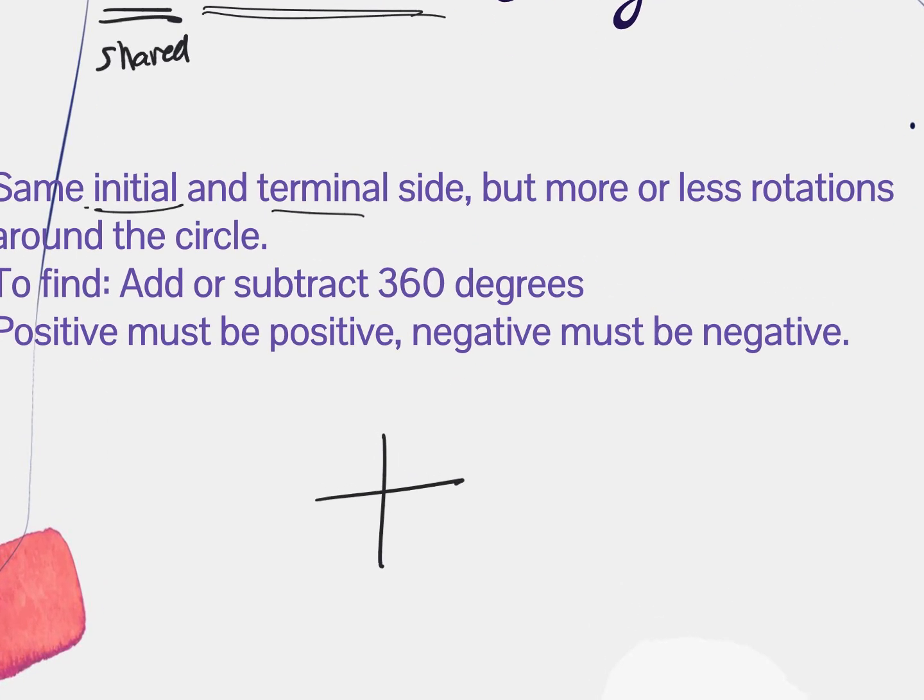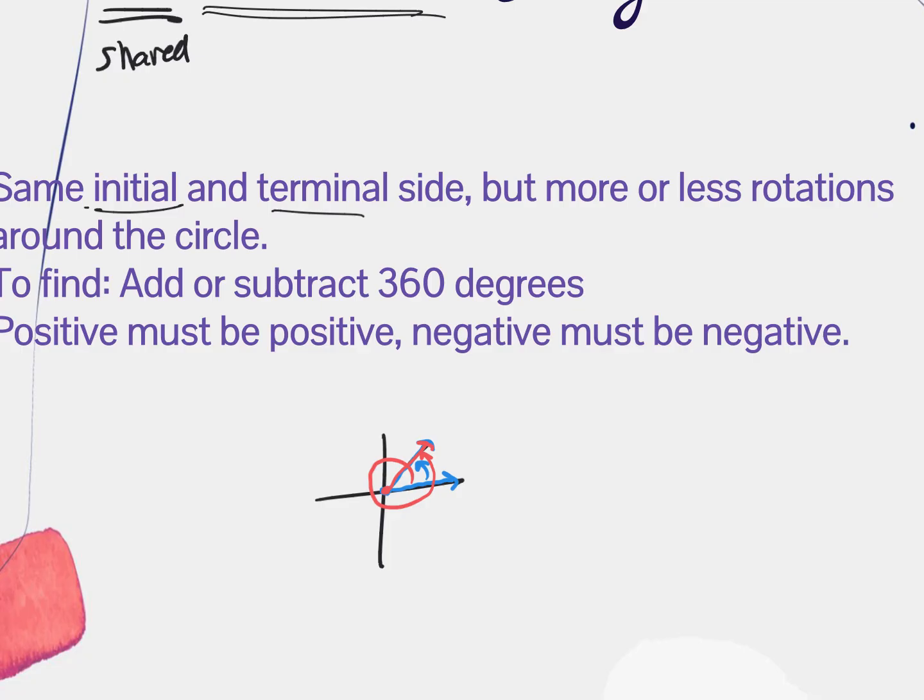Let's just say I have an angle like this, in standard position. The initial side is right here, my terminal side is right here, and that is my angle. But if I go all the way around, like let's say I loop a full rotation, and then I end up still at the same spot, that ends up looking the same.